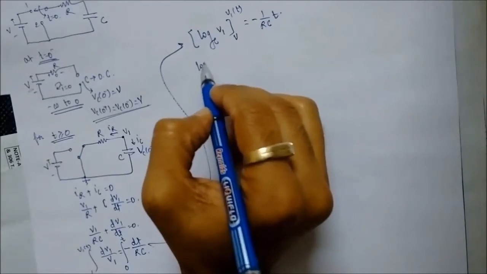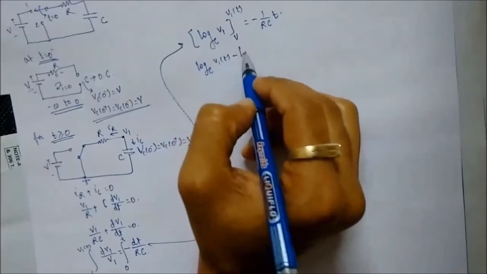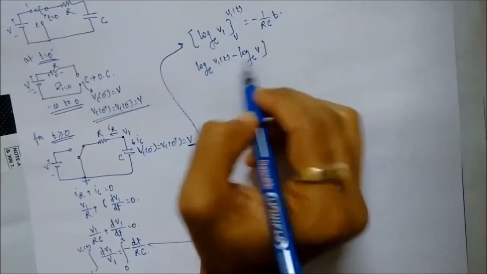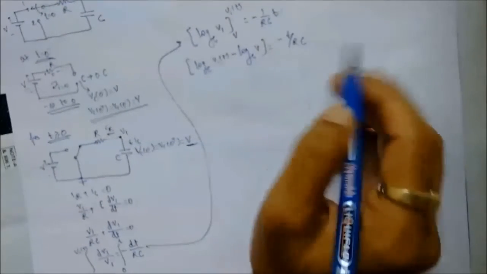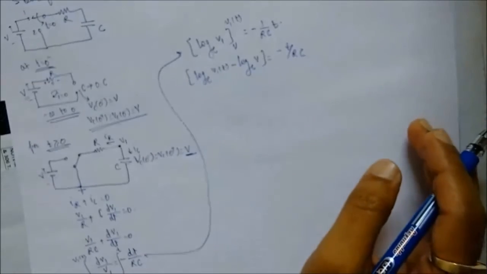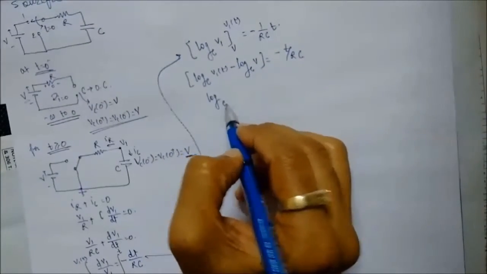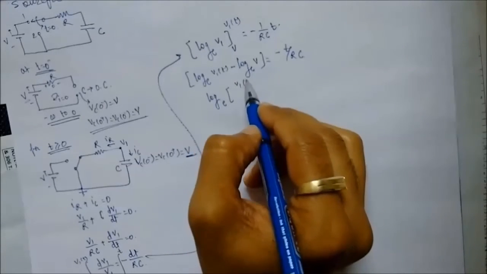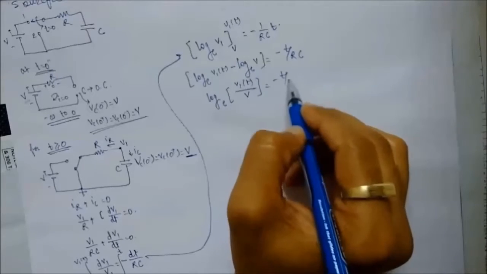Now log to the base e of V1(t) minus log to the base e of V is equal to minus t upon RC, that is equal to log to the base e of V1(t) upon V is equal to minus t upon RC.